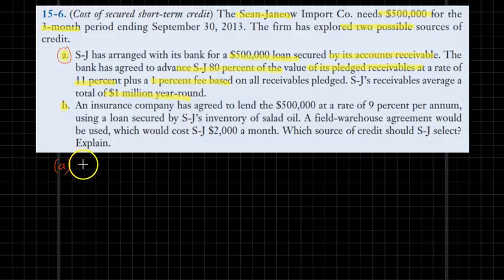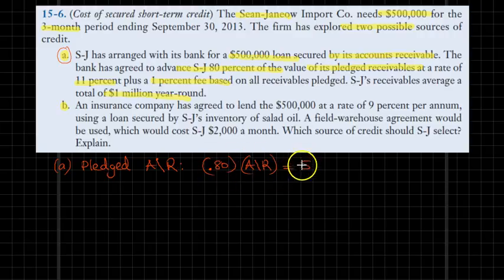And so the first financing option is pledged accounts receivable. So what's the amount that needs to be secured? So 80% of our accounts receivable should equal the loan amount of $500,000.